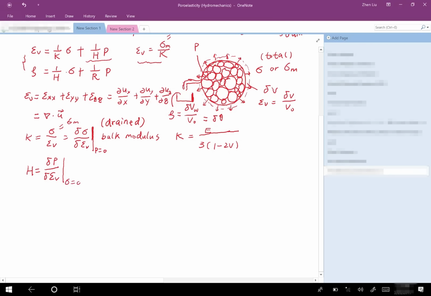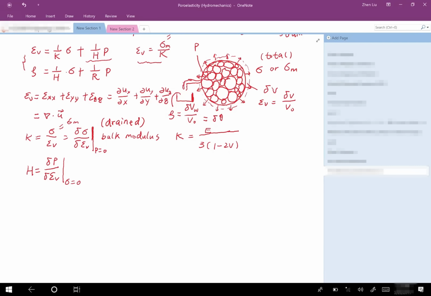Sigma equals 0. So what does sigma equals 0 mean? There's no pressure on the membrane, right? So we let it deform, just caused by that. Yeah, so this corresponds to another word. That means if there's no stress on the boundary, it is unconstrained.